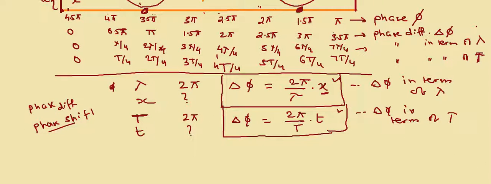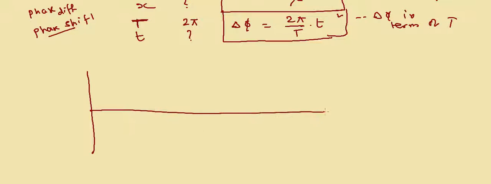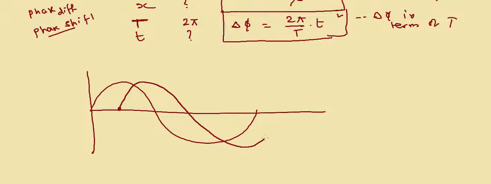And they prefer to use the term phase difference when we have two waves. For example, if we have a wave like this, let's say one wave, and let's say there is another wave which starts from here and goes something like this.